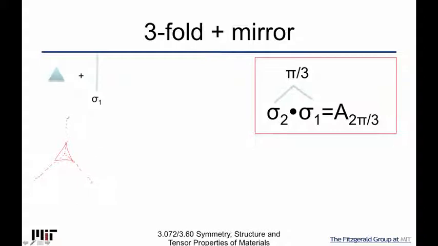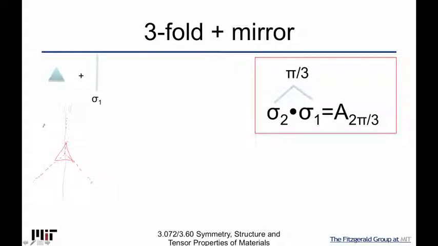So for example, if I put a sigma 1 through here, what I'm going to do is reflect this guy across this way.